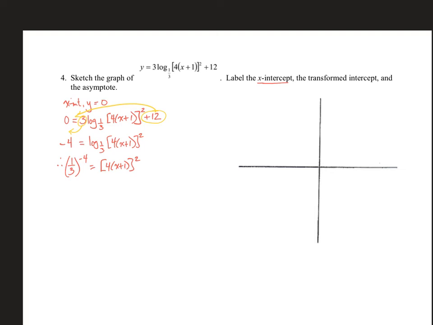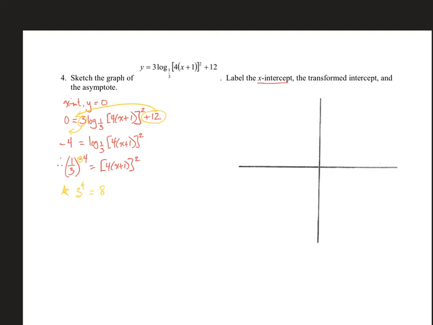The first one is, let's try to evaluate the power that we have on the left first, if we can. You'll notice that 1/3 to the exponent -4, to change the sign of that exponent means I could flip the base. And so my left side is really equal to 3 to the exponent 4, or 81.